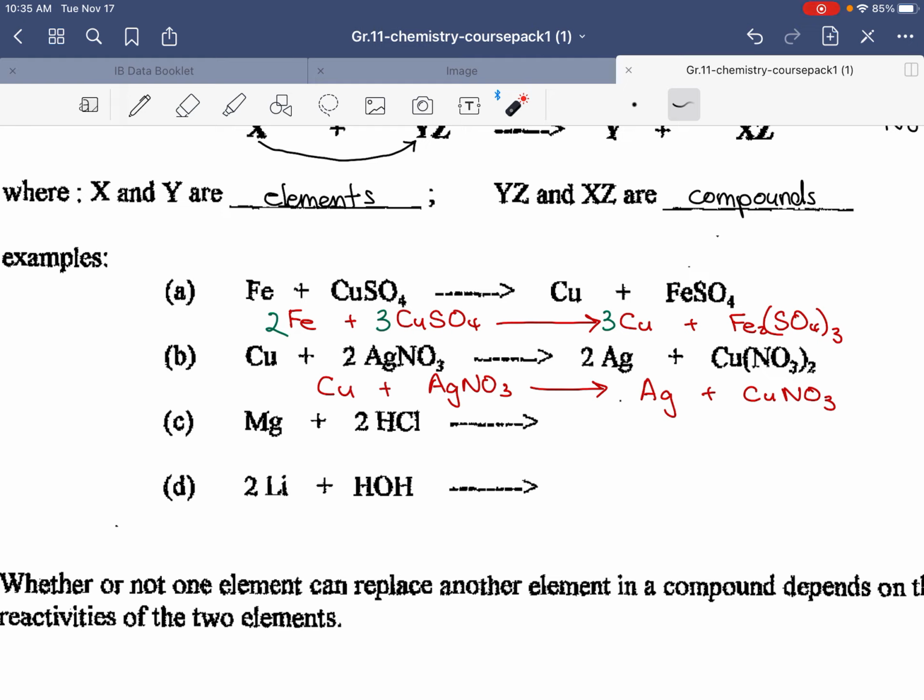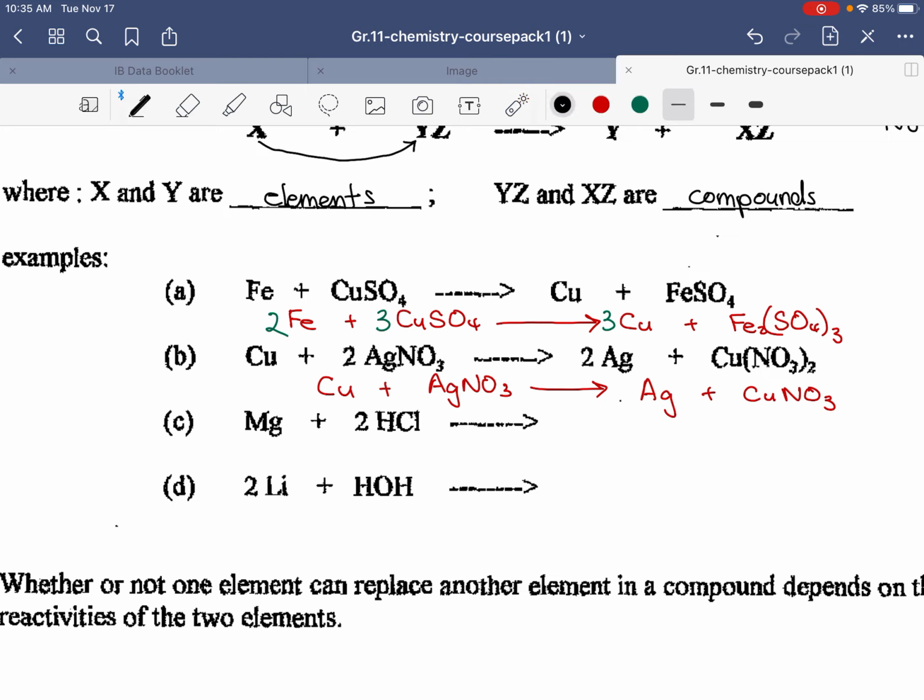Being in group 1, it likes to lose an electron too. Sharing the electron with chlorine, hydrogen is actually getting the less end of it. So if magnesium is going to come and displace HCl, it's going to displace the H and not the Cl. So remember that, okay? H sort of acts like a metal at times due to its ability to lose an electron. I mean, chlorine doesn't like to lose an electron, right? So therefore, this is what's going to happen, okay?